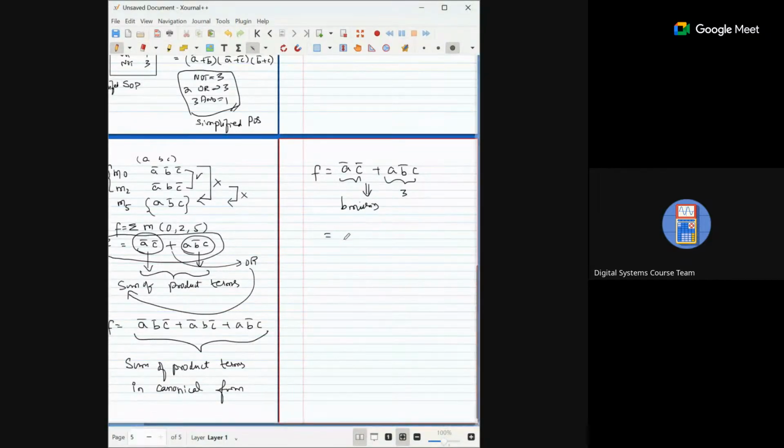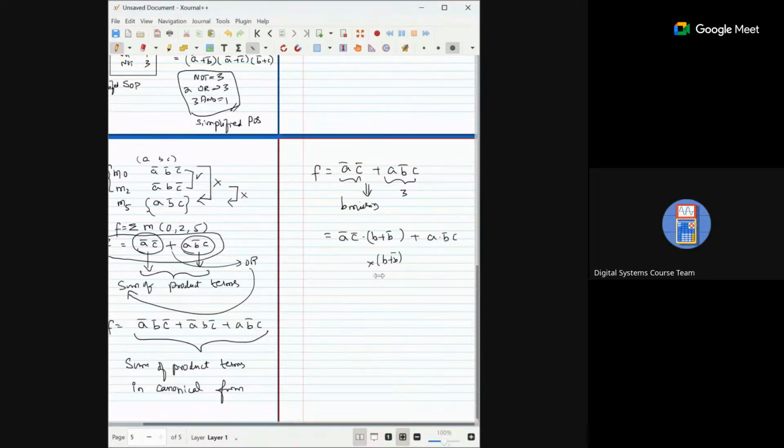So I am supposed to do A bar C bar times something, and one dot of anything is the same term. So this one can be replaced by B plus B bar, which gives one only. If I multiply with any product term, it should be done in the form of B plus B bar.